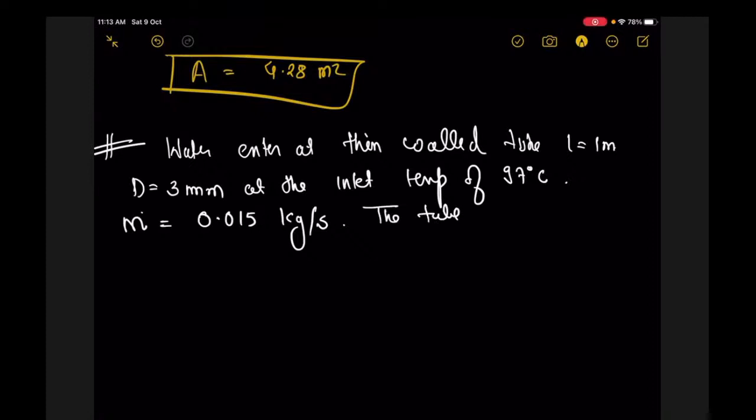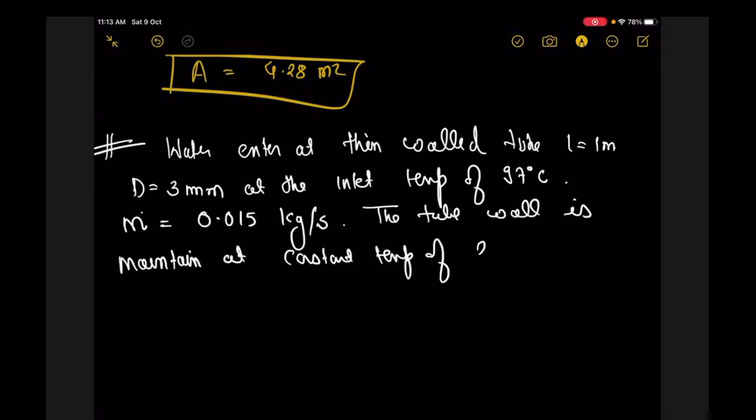The tube wall is maintained at a constant temperature of 27 degrees centigrade, for the following data of water.